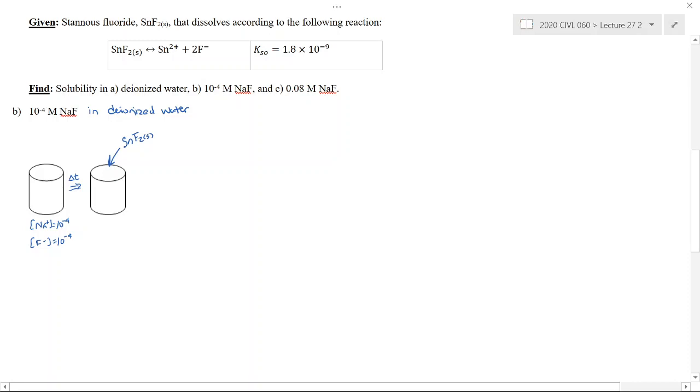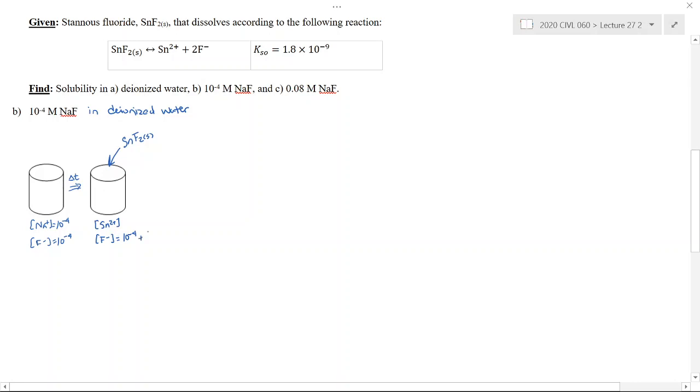much we can add until we reach the solubility limit, where no more of the salt dissolves into the solution, and any additional salt added is going to stay solid and form a precipitate in the solution. Here, all of the stannous in the solution is coming from that addition, but the fluoride is going to be 10 to the minus 4 plus whatever's added.